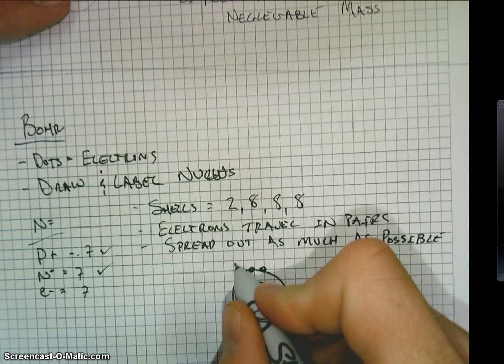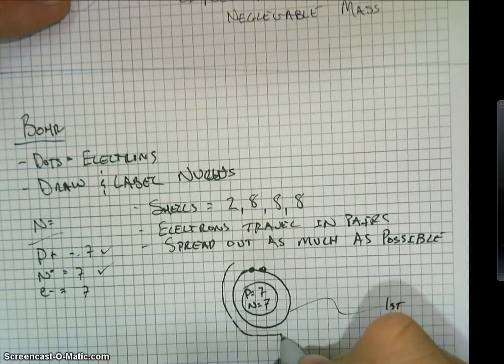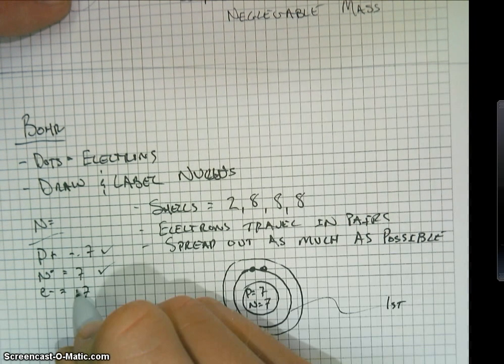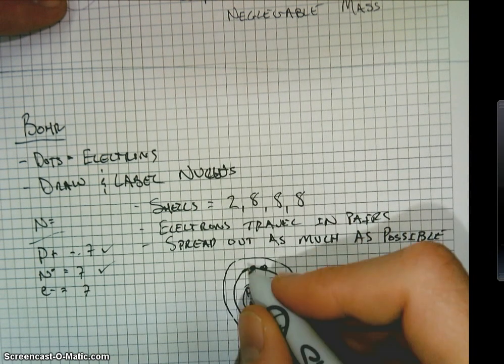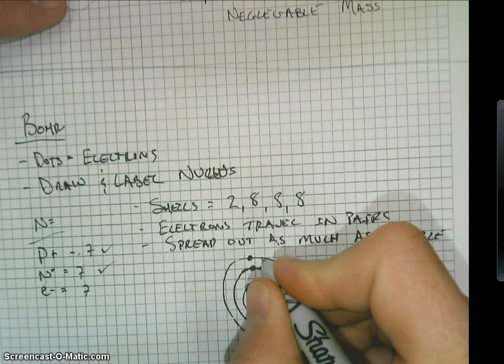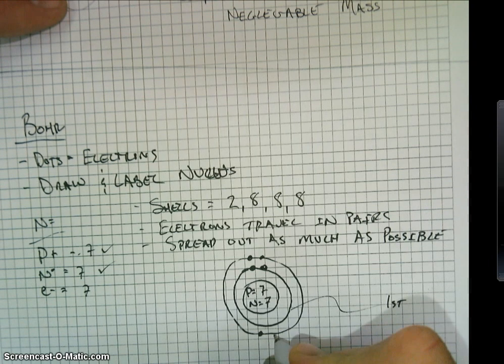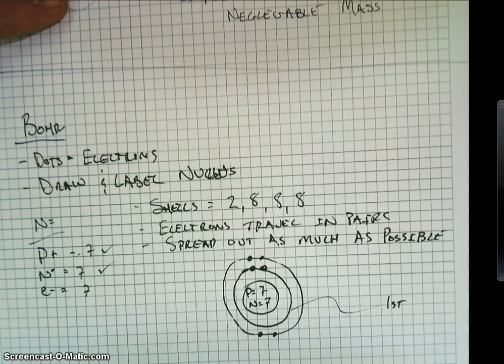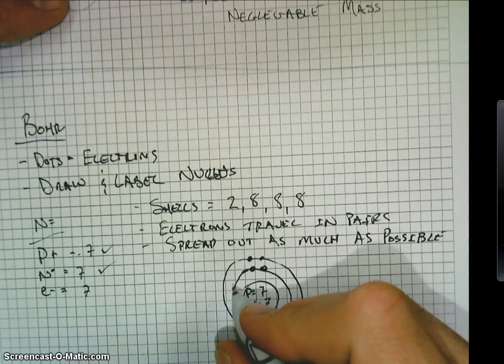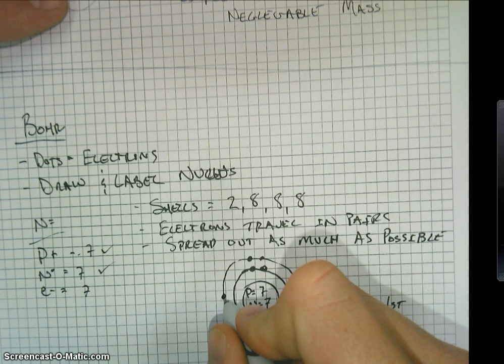Now we need to draw 7 electrons. Right now I have 2, so I need to add 5 more to get to 7. I'm going to write 3, 1, 2, 3, 4. Notice I drew them on opposite ends because those pairs want to get as far away from each other as we can. So far I have 6, and I only have room for 1 more to finish my 7.